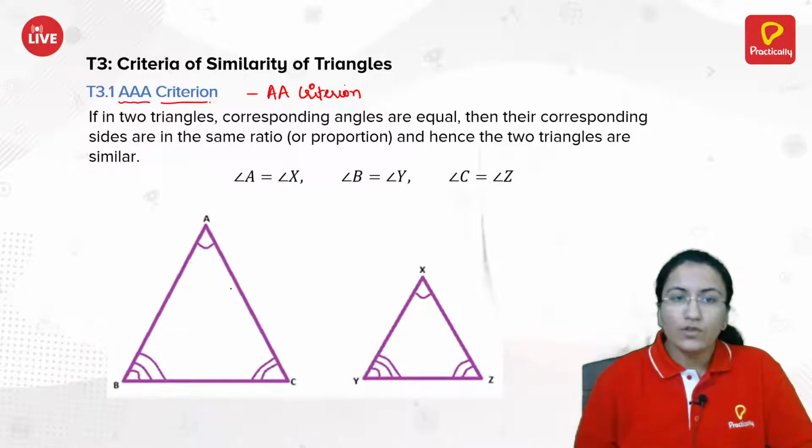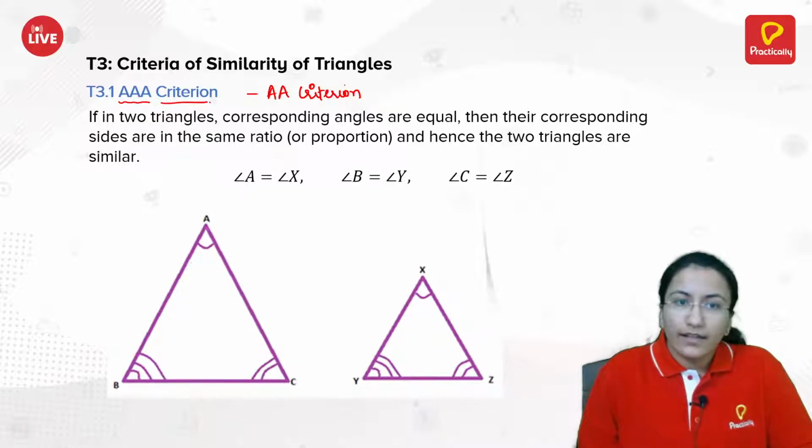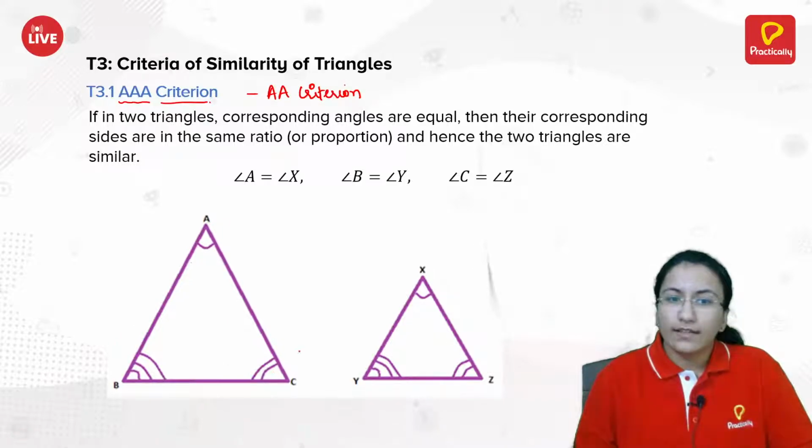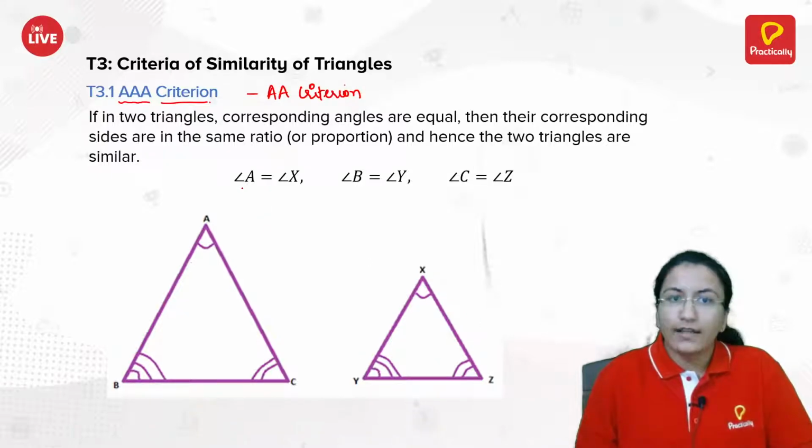Suppose you have two triangles, A, B and C, and the next triangle is X, Y and Z. If you have a result saying that angle A is equal to angle X, and a result which says that angle B is equal to angle Y, this angle is equal to this angle, right?